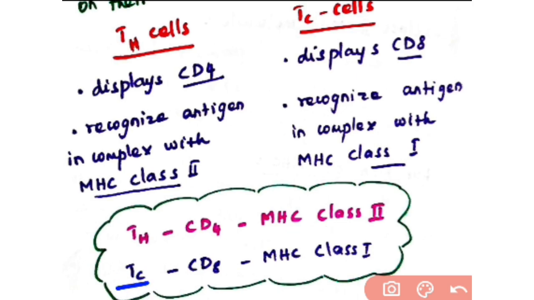TC cells have CD8 glycoprotein on the surface and recognize antigen in complex with MHC class 1 molecule. MHC class 1 molecule is expressed by nearly all nucleated cells. MHC class 2 molecules are expressed by professional antigen presenting cells.